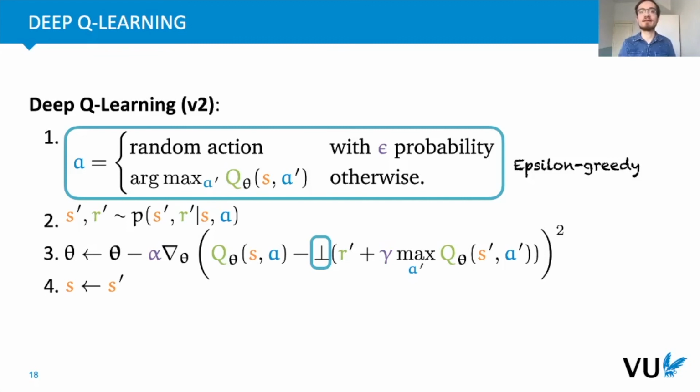So now we get a new version of our deep Q-learning algorithm. Instead of always taking the same action, we now do epsilon greedy. So we take a random action with epsilon probability. That's over here. And in the update, we now add this weird symbol to detach the target from our graph. These two modifications significantly help deep Q-learning converge and train stably.